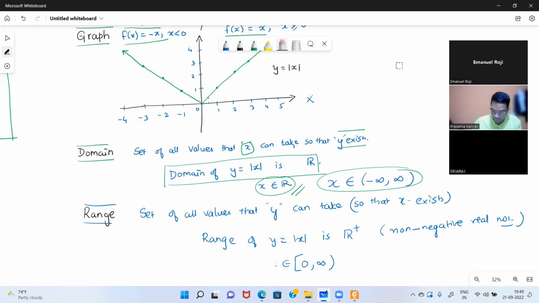Should we write R plus, or should we write 0, infinity? R plus is also used in many cases as non-negative real numbers, but the safer side is to write 0 to infinity with a closed interval. You can also write it in words, non-negative real numbers.